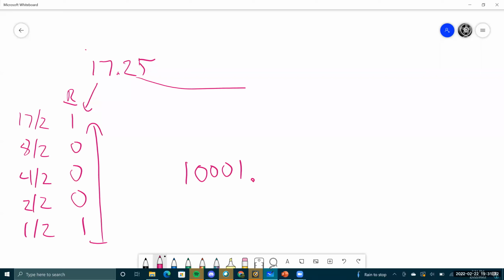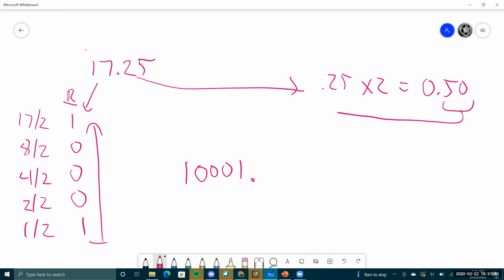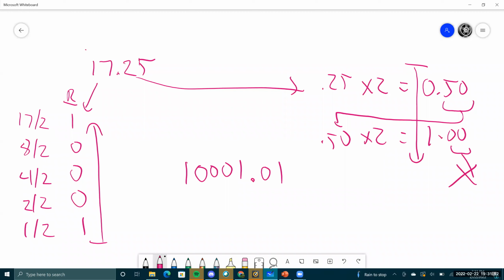And now from the fraction side, 0.25 times 2 will give you 0.50, and 0.5 times 2 will give you 1.00, and I can stop, right, because it's 0. And this is from top down, so this is 01. Okay, and this is the answer.